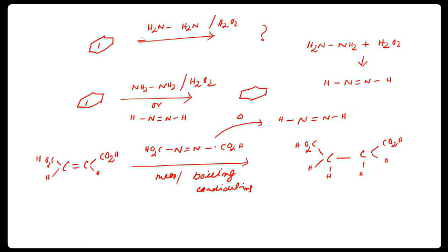And here this diimide, plus we will have 2CO2 as the carboxylic acids decompose into 2CO2. This chemical means diimide, HN double bond NH.